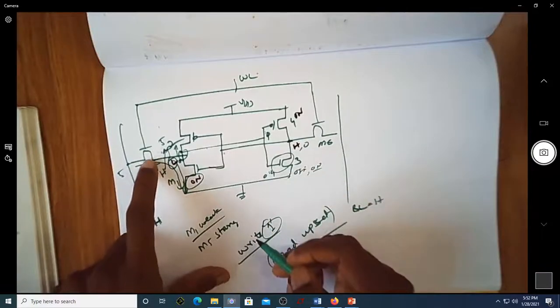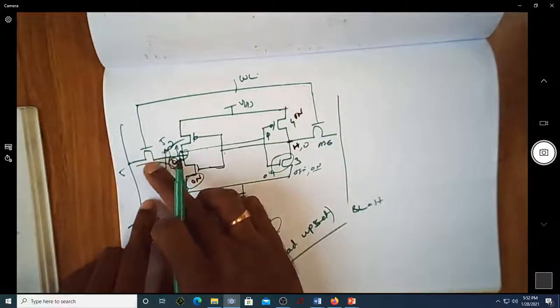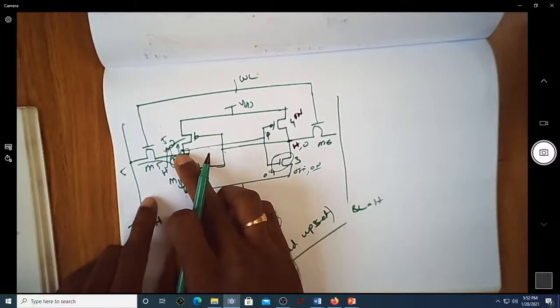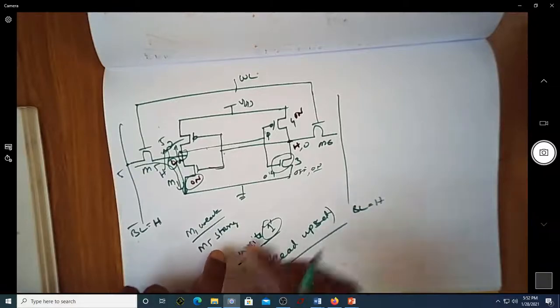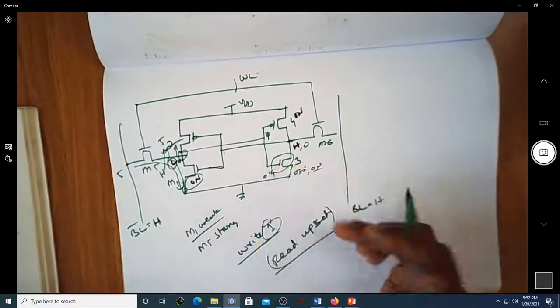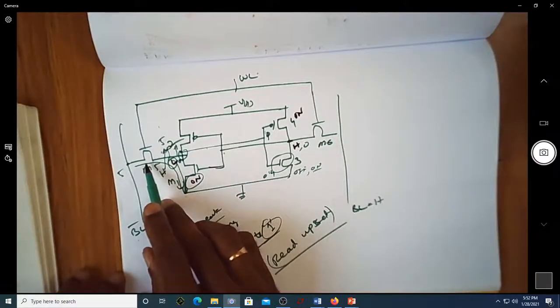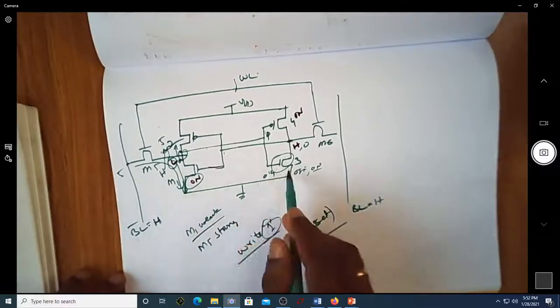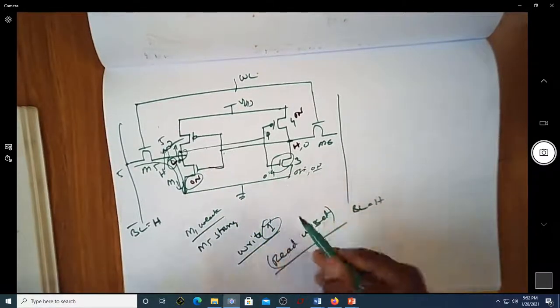Whenever you turn on this transistor, whenever the word line goes high, the voltage at this point should never go above 0.4. If it goes above 0.4, then this turns on. So let us understand what the dimensions of M5 and M1 should be so that this turning on never occurs.